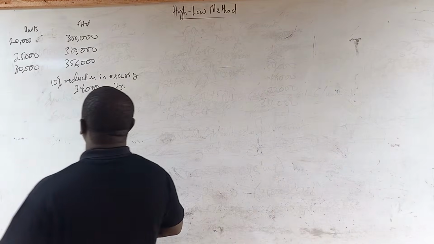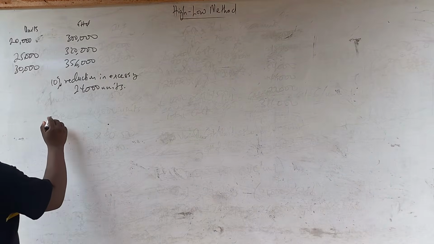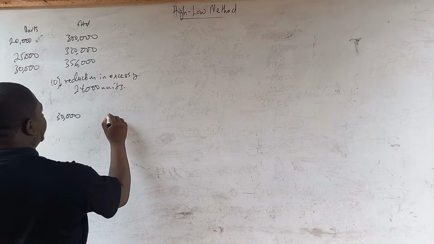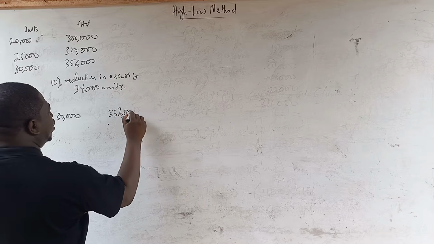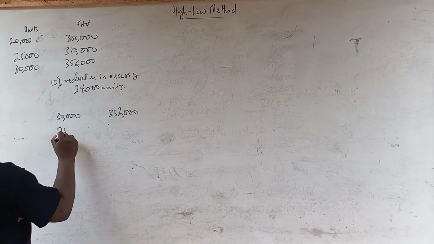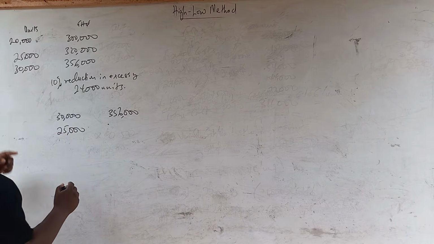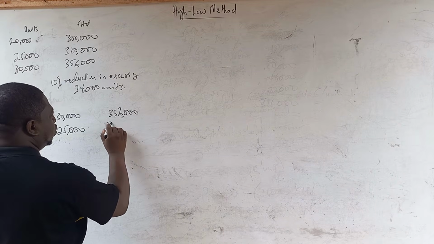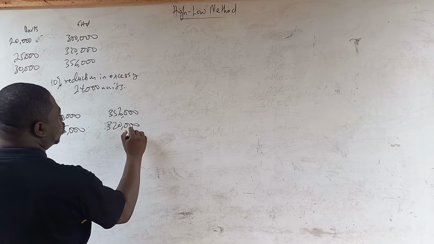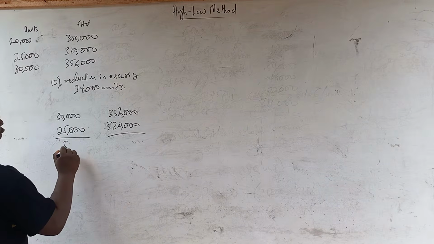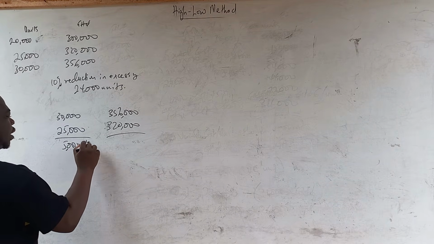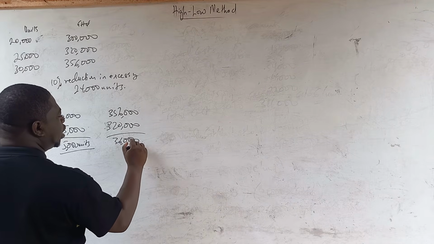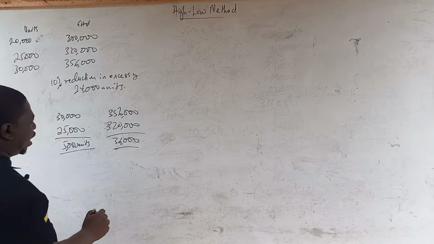So just watch. We have the high to be 30,000, and its cost is 356,000. Then we have 25,000. In this case, I'm using the in-between as a low, 320,000. So we subtract, and we have 5,000 units as a difference here, and then we have 36,000 Ghana cedis as a difference.